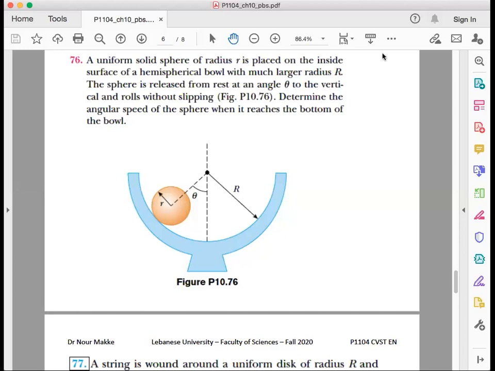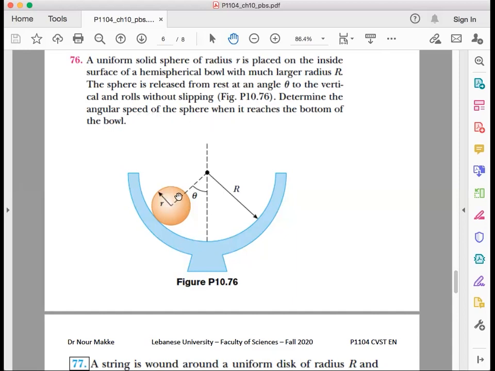Chapter 10, problem 76. A uniform solid sphere of radius r is placed on the inside surface of a hemispherical bowl with much larger radius, capital R. The sphere is released from rest at an angle theta to the vertical and rolls without slipping, as shown in this figure. You have to determine the angular speed of the sphere when it reaches the bottom of the bowl.